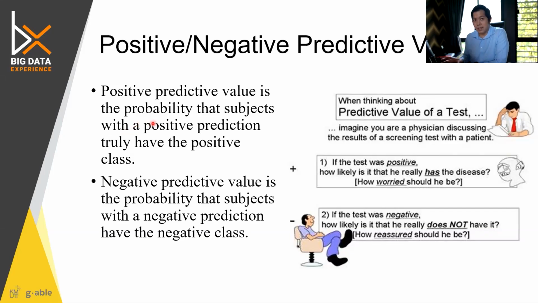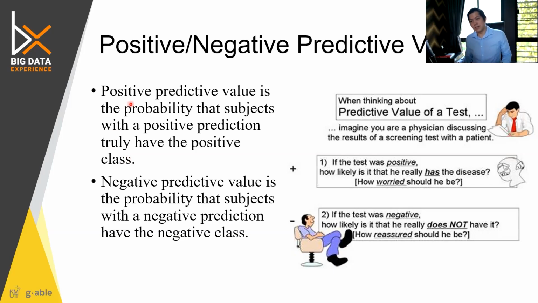So what does it mean? Positive prediction has positive class. Isn't that precision? Right. So remember the number there.